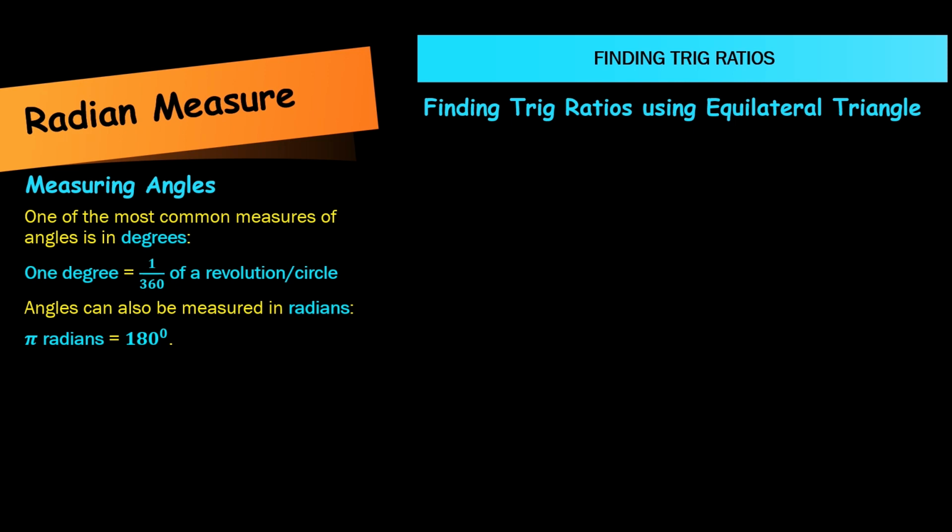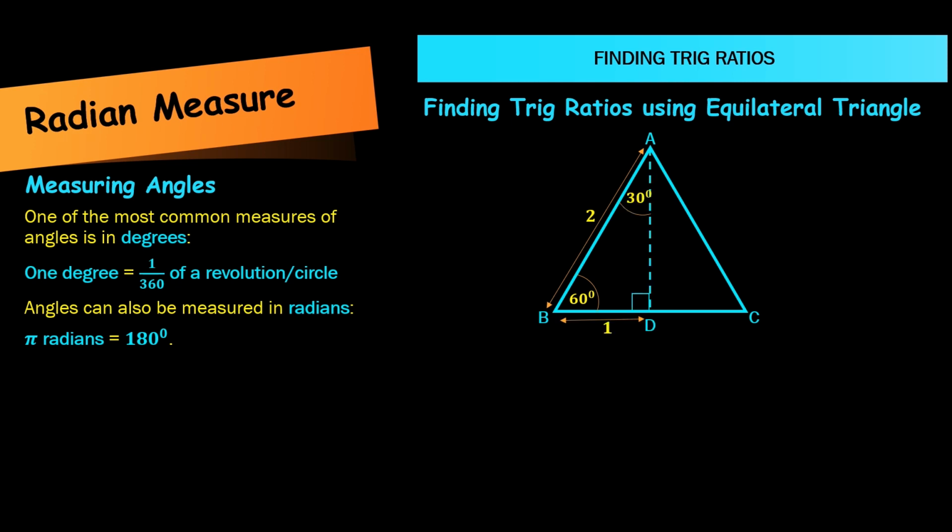We're now going to find trig ratios using an equilateral triangle. Consider the triangle ABC shown on your screen. This is an equilateral triangle of side length 2 centimeters or 2 units. Each angle is 60 degrees.